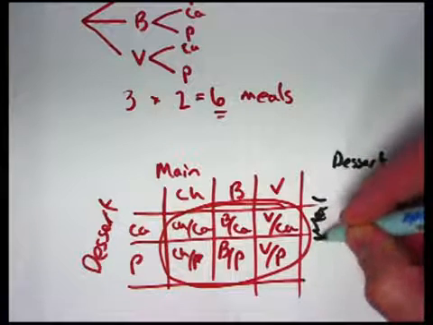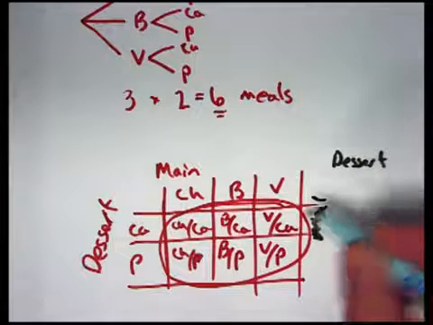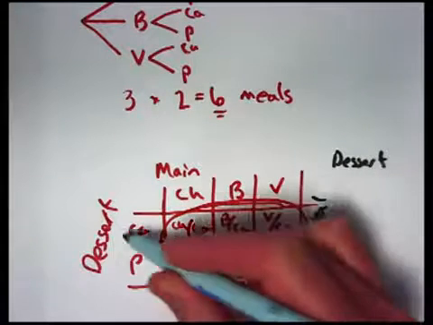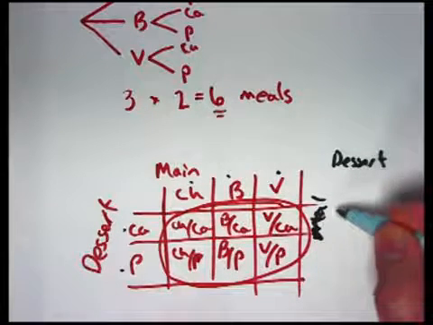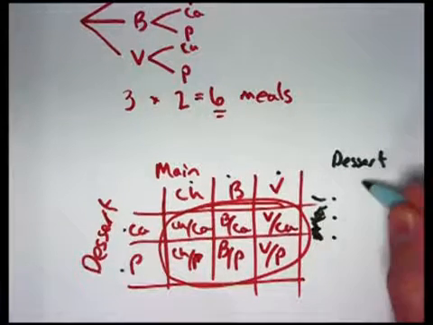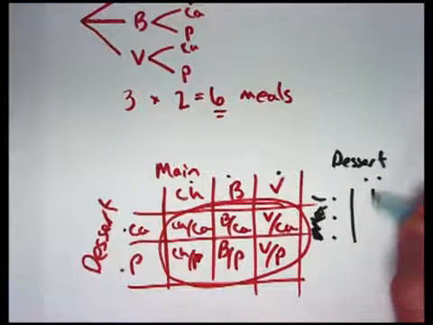Oh, it's supposed to be an N there. And had, instead of 2 main rows and 3 main columns, I could have had 3 main rows and 2 main columns. My chart could have looked like this.